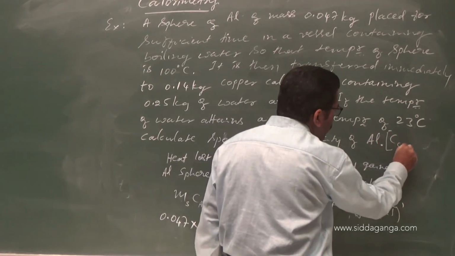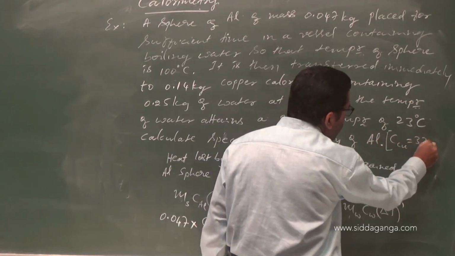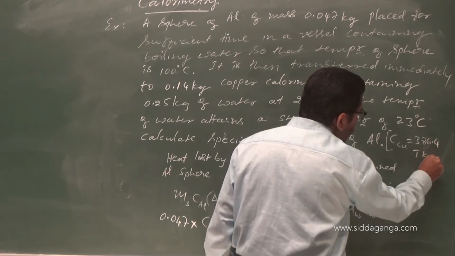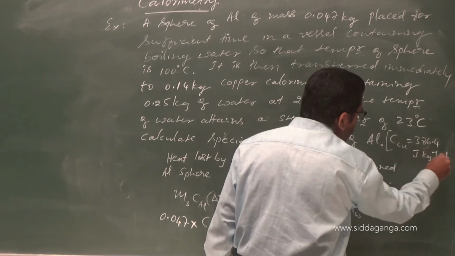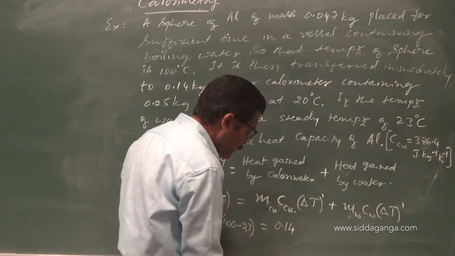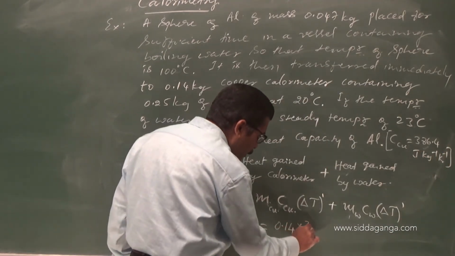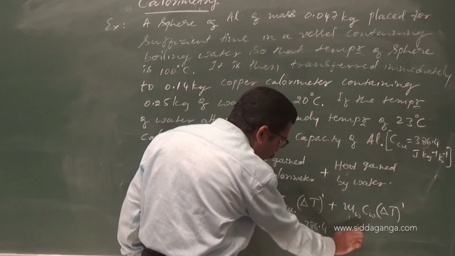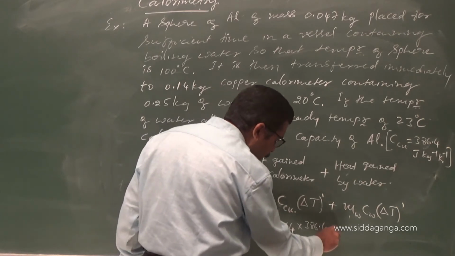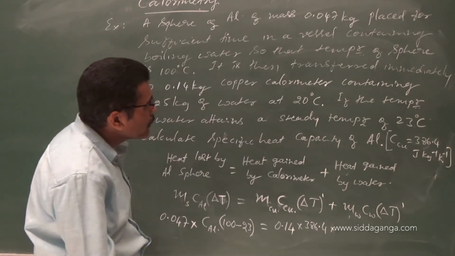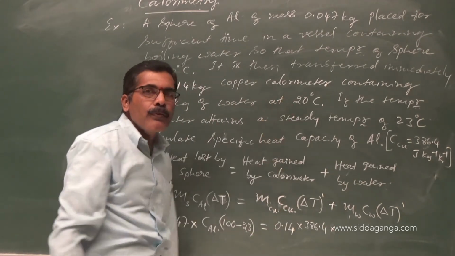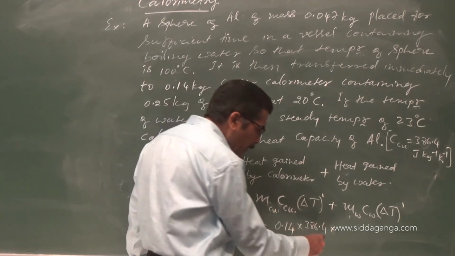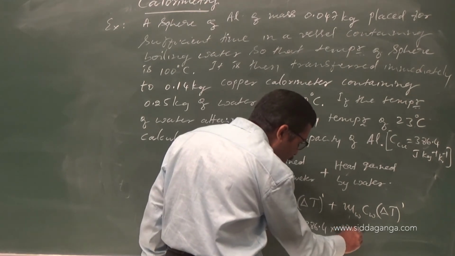Specific capacity of copper is 386.4 joule per kg per kelvin. So this is 386.4. What is delta T dash? Initial temperature was 20 degrees Celsius. Both water and calorimeter are at same temperature. Final temperature is 23. Therefore, difference is 23 minus 20.